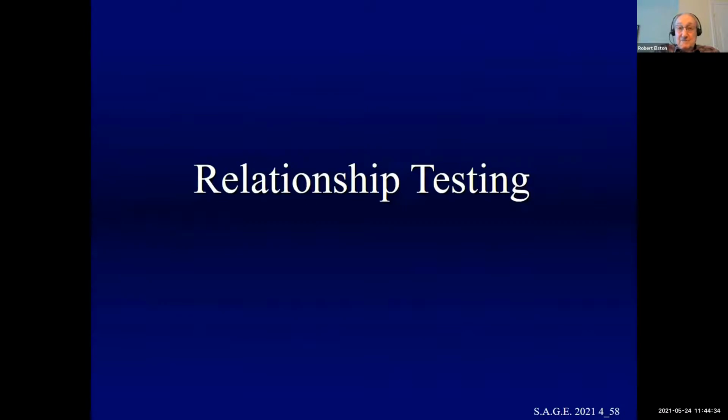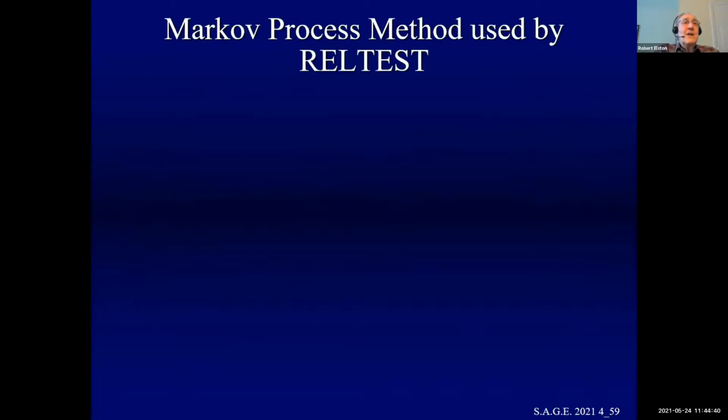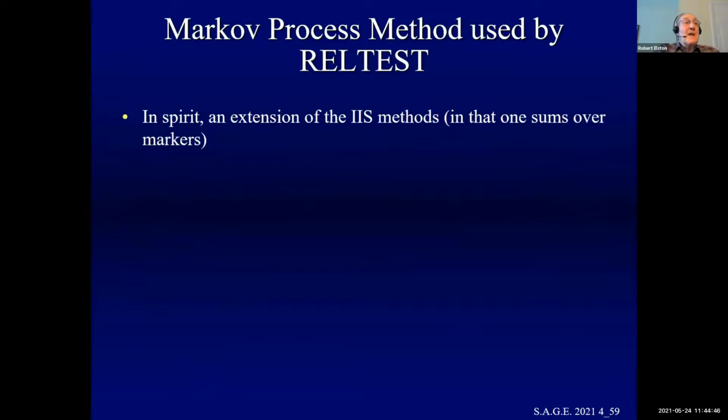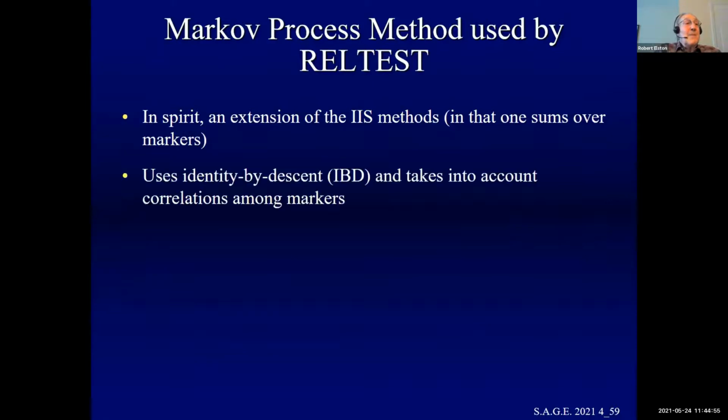Relationship testing. I think I've already gone through a lot of this, but we'll do it a little bit more now. There's a Markov process method used by RELTEST. In spirit, it's an extension of the identity and state methods in that one sums over markers, but it uses identity by descent and takes into account correlations among markers.